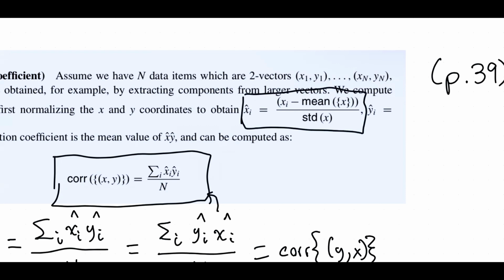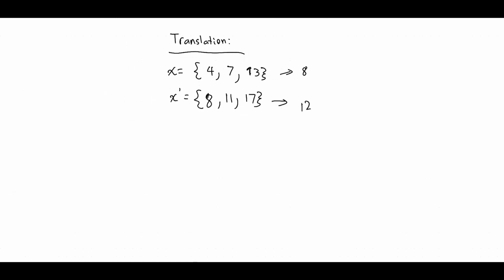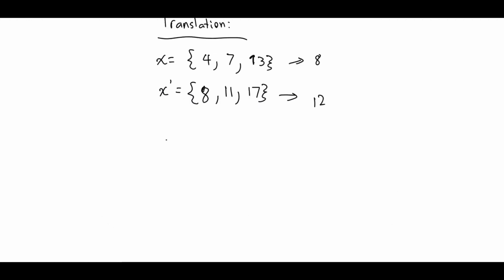So let's go ahead and use that, copy that down here, and see how that works out for us. So we know that x sub i hat is going to be our x sub i, but we remember that our x prime is just 4 more, so it's really our x sub i plus some constant.